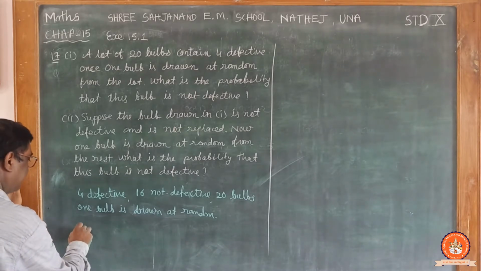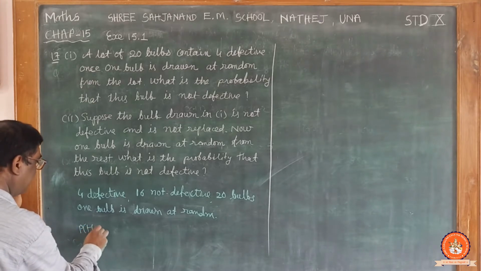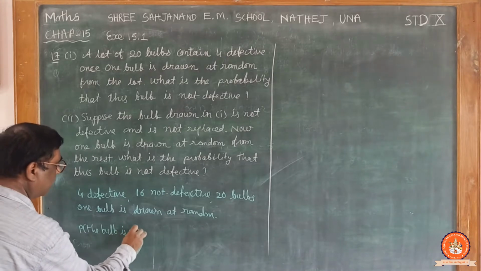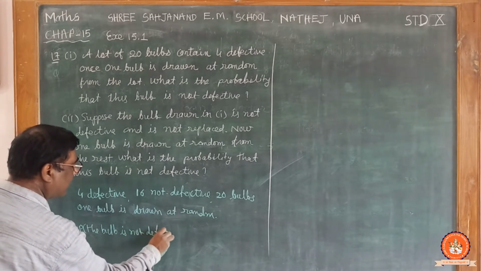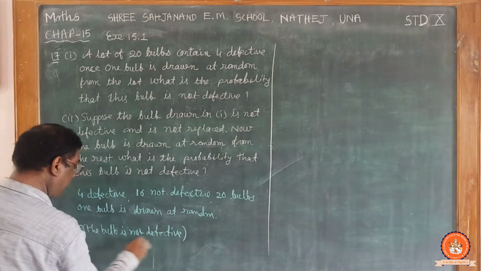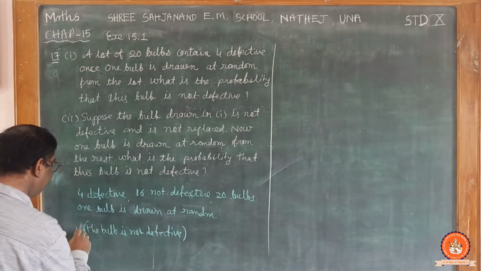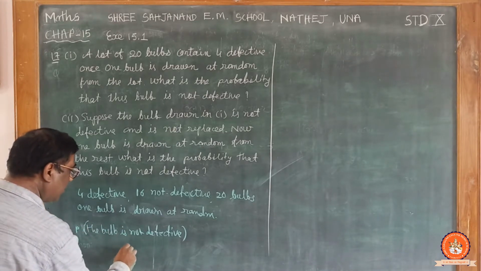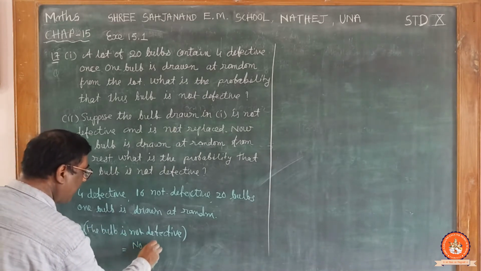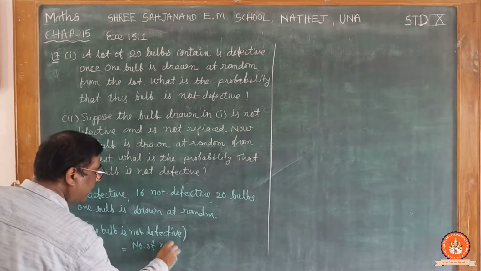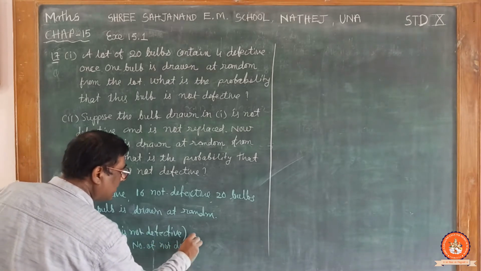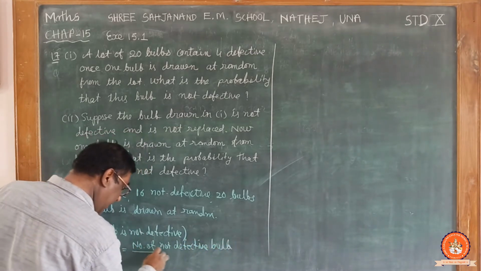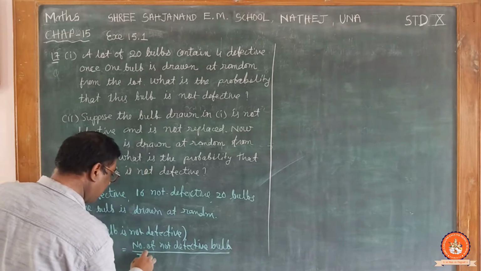So probability the bulb is not defective. The probability of this event is equal to the number of not defective bulbs divided by the total number of bulbs.